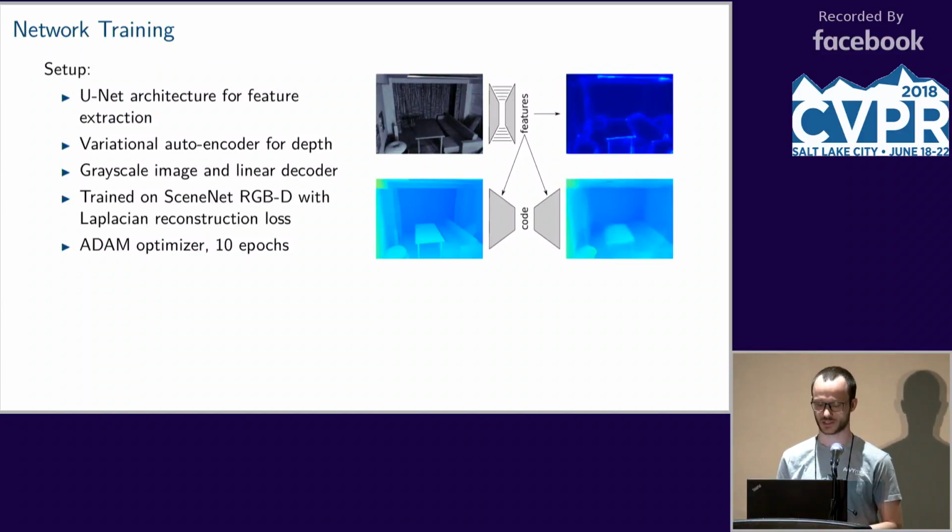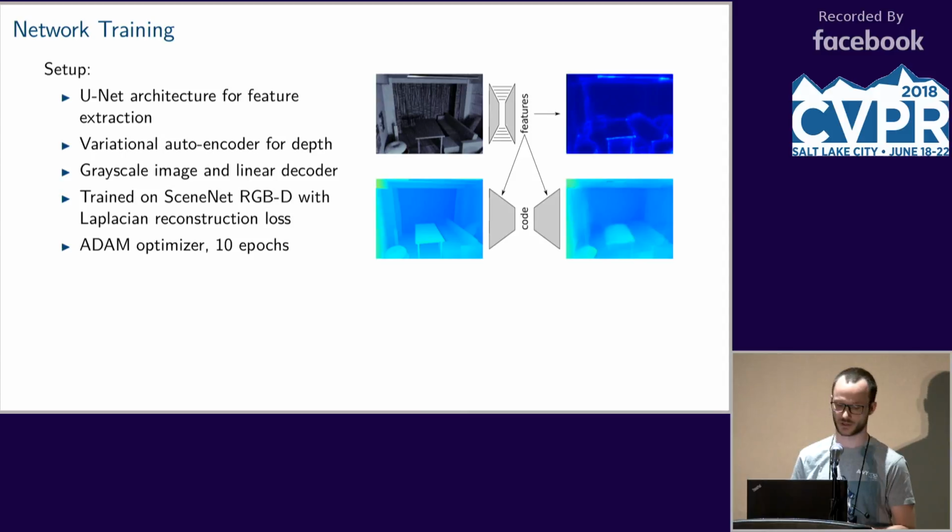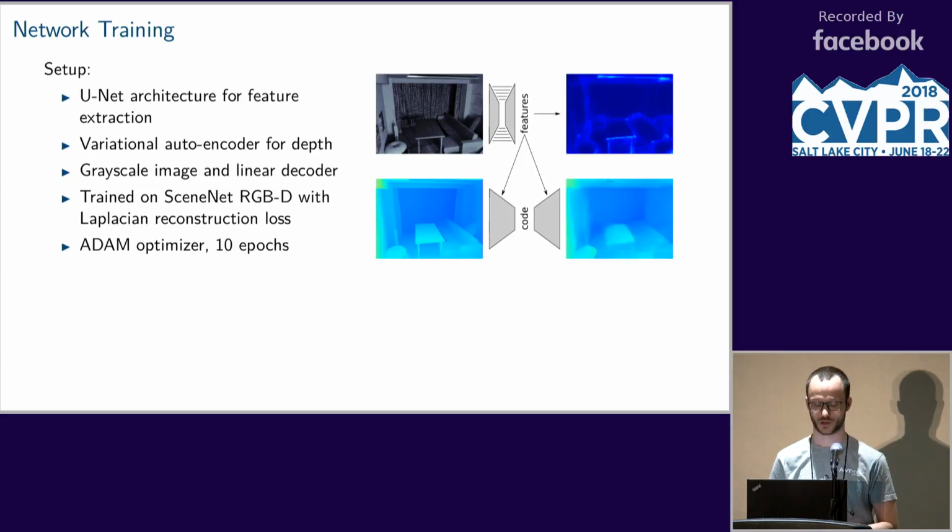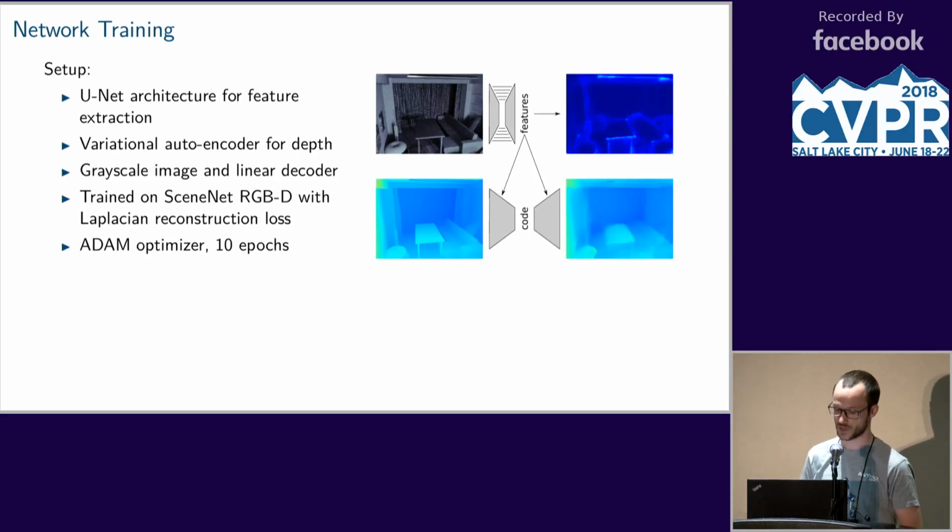So we train this network. We use a U-Net architecture for the image processing, which is inspired by previous work. We use a variational autoencoder for the depth encoding, and then we concatenate the layers from the top to the bottom network. We use only grayscale images, and we use a purely linear decoder.